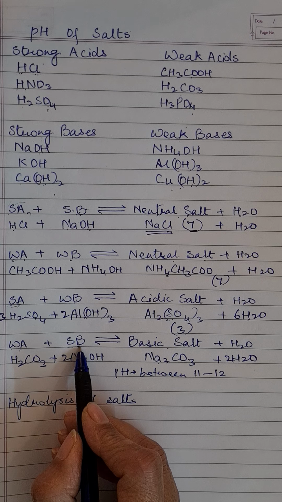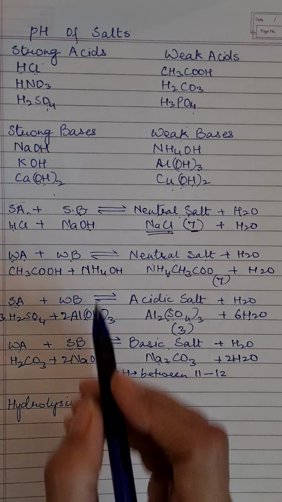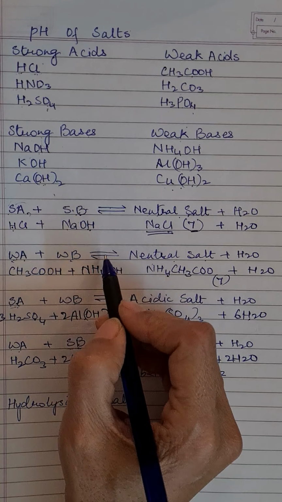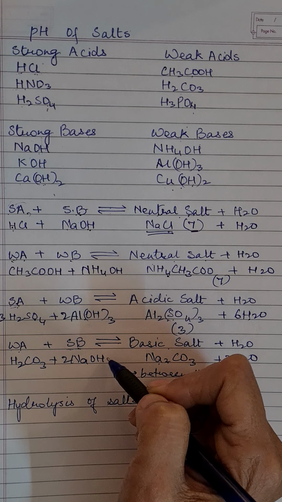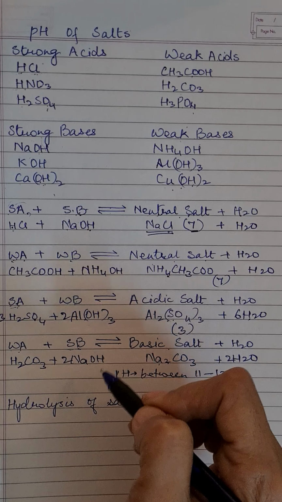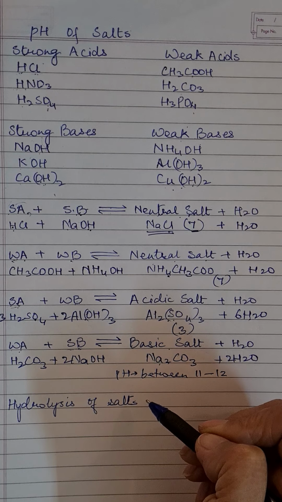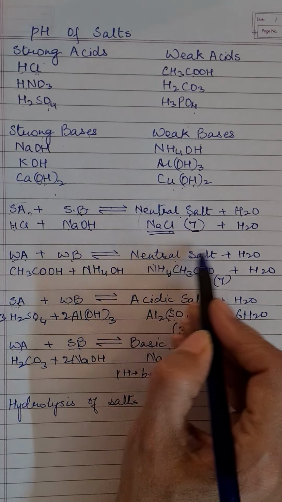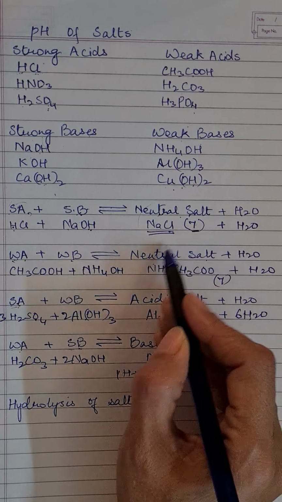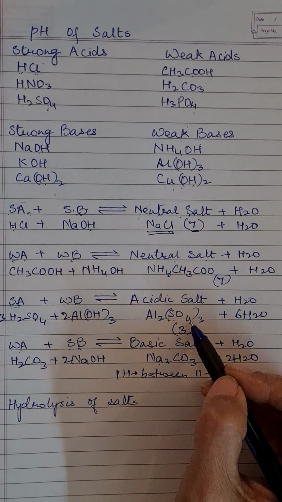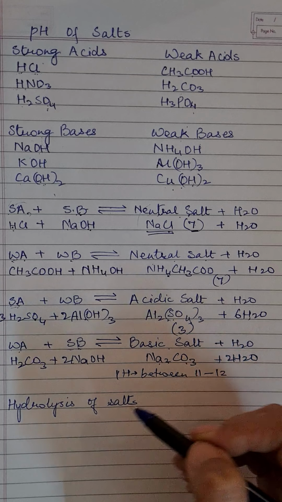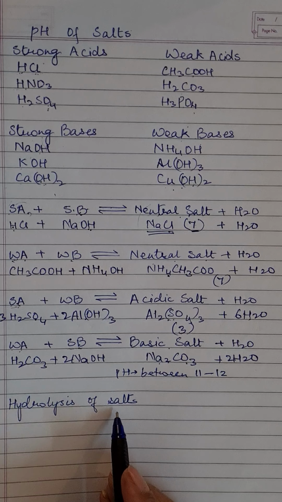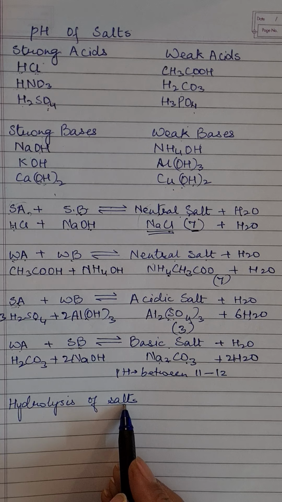Now children, you must have noticed the different kinds of arrows which I am using here to represent these neutralization reactions. How is it that you get a neutral solution here, a neutral solution here, an acidic solution here, and a basic solution here? This is due to hydrolysis of salts. Now, what do you mean by hydrolysis of salts?